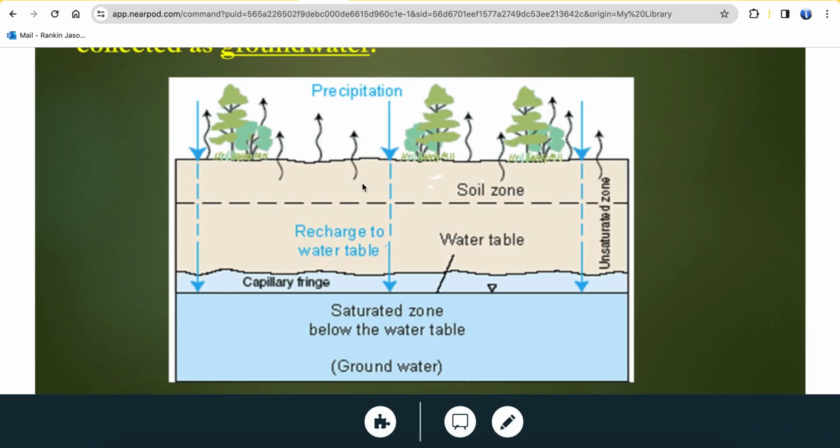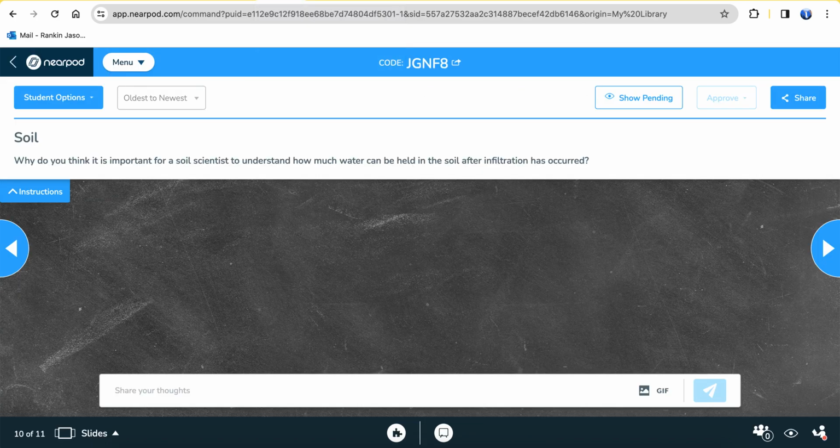In other words, this water table can rise up to that surface, but if my water table reaches the surface, that means my ground cannot absorb all that water. And that also indicates I could have potential flooding conditions at the surface. That's why you may always hear about flash floods, because the soils cannot hold all that water that's coming down, especially if it's coming down way too fast.